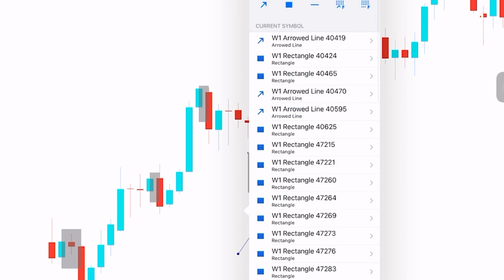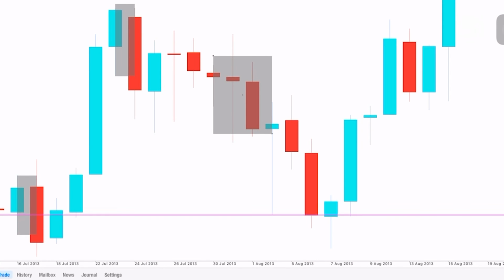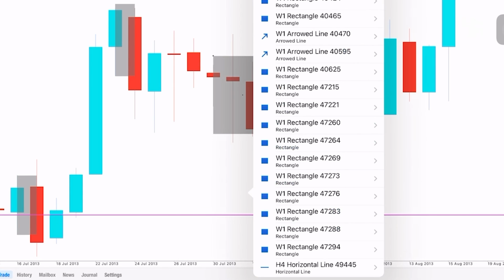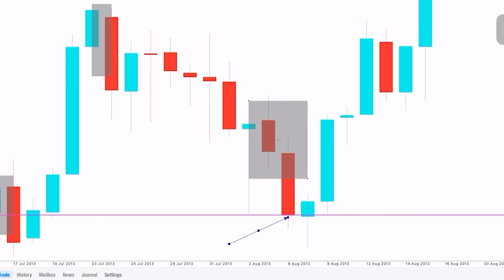So in this case, I would just put a line and see if it's actually breaking the low. Okay, it is an engulfing sell. Look at it. It closes below this line. So I'm going to mark it like this as my engulfing sell.